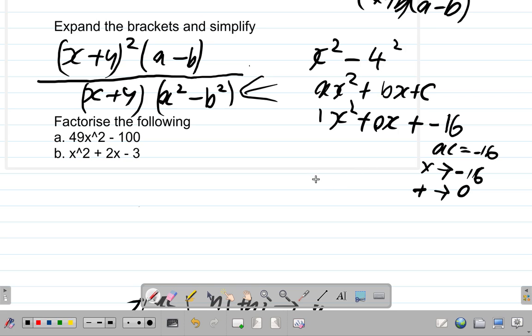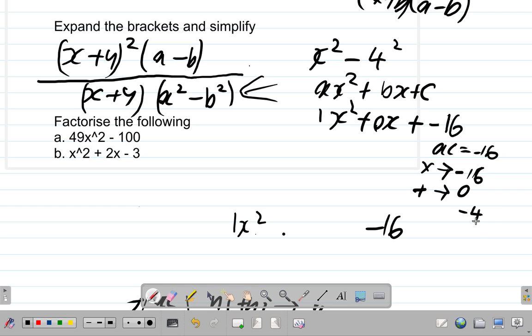Now you have 1x squared at one end, minus 16 at the other end. In the middle, you write the 0, represented as two numbers that multiply to give negative 16 and add to give 0.